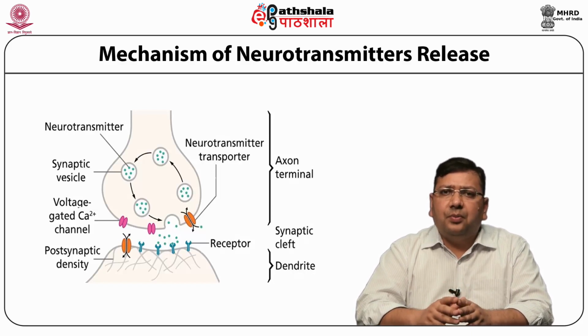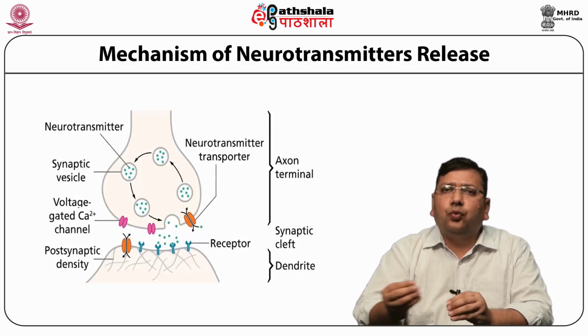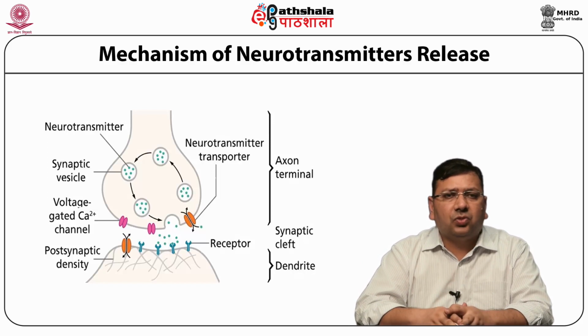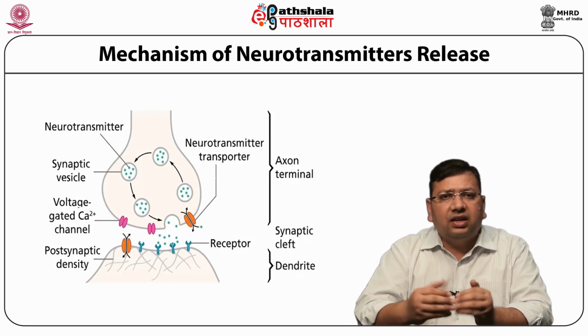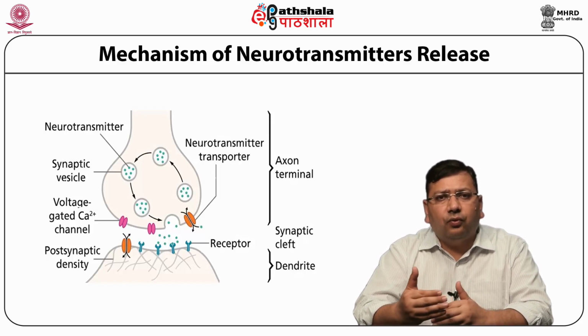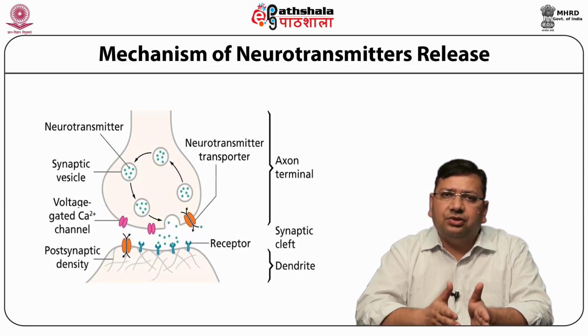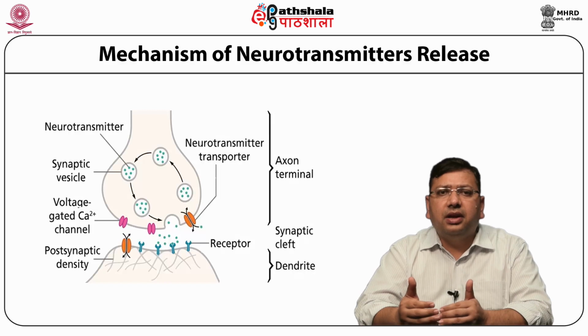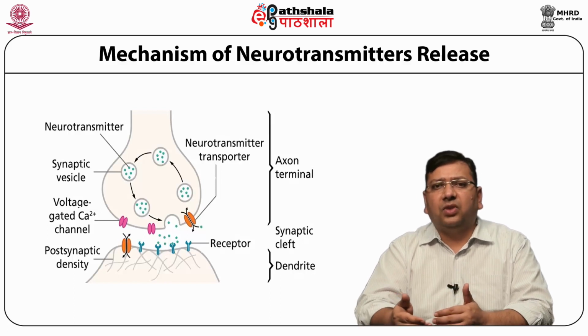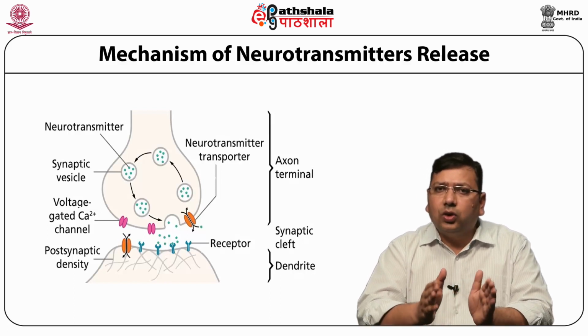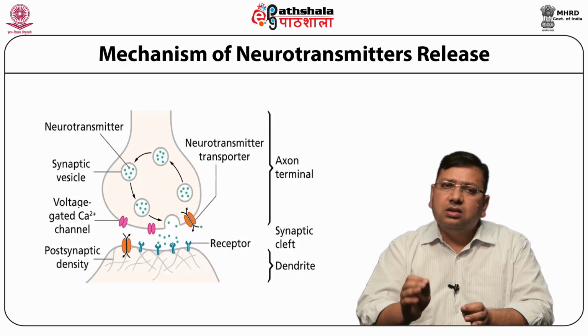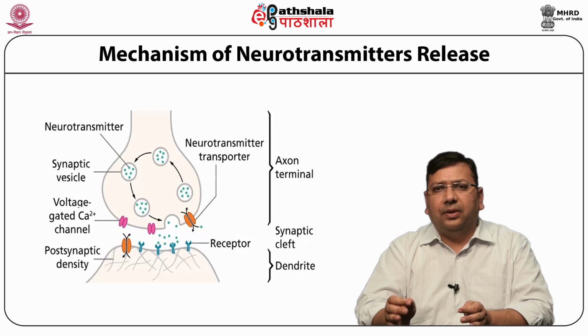Depolarization of the plasma membrane cannot by itself cause synaptic vesicles to fuse with the plasma membrane. To activate the fusion of these vesicles with the plasma membrane, an action potential has to be converted into a chemical signal, and for this a localized rise in the cytosolic calcium concentration happens inside the presynaptic neuron cell.